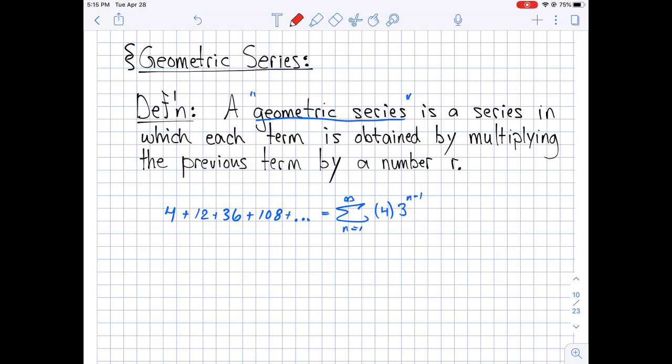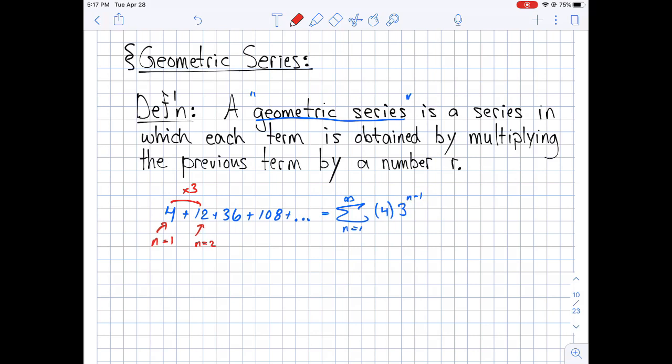You'll notice that when n is equal to 1, the exponent n minus 1 is going to be 0, and the first term is just going to be 4. Then to get from 4 to 12, we multiply by 3. Now if n is equal to 2, this is going to be 3 to the power of 1, which is 3, multiplied by 4, and that gives us our second value in the series, which is 12.